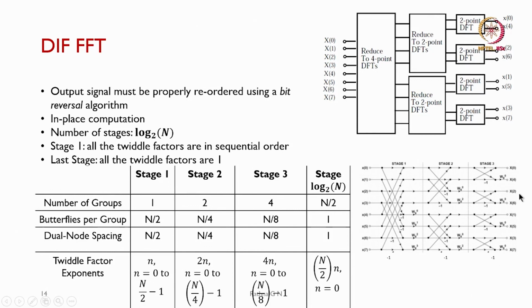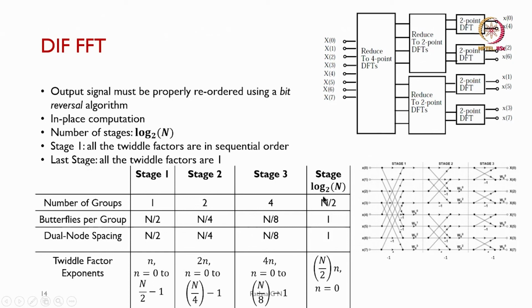You will be seeing that decimation in frequency is equivalent to the reverse of decimation in time. So, how the number of stages and other things look, you will be seeing. The number of groups in this case is going to be 1 for n equal to 8, as shown, then the number of groups in stage 2 is going to be 2, and in the last stage it is 4.